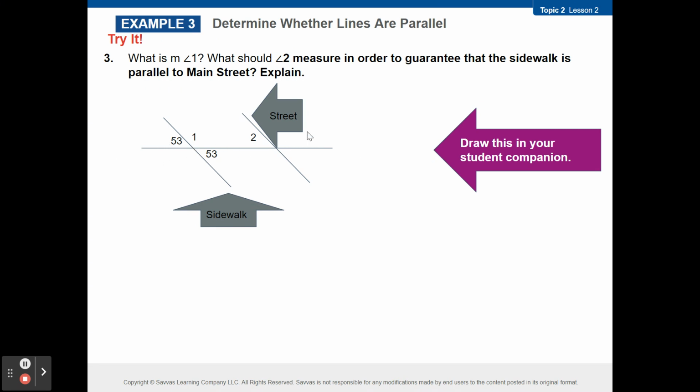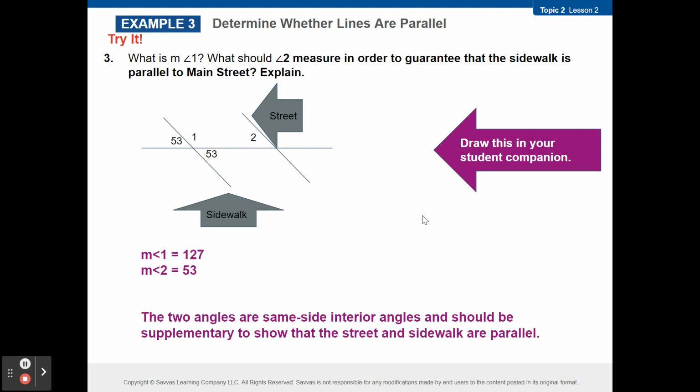So someone tell me, in order to prove that these are parallel, what does angle 1 have to be? Good. 127. What does angle 2 have to be? That should be pretty easy. 53. And then you can use that they are both same side interior angles, so we're good there.